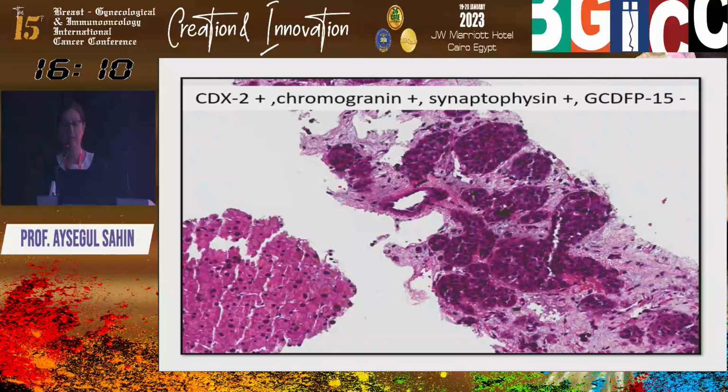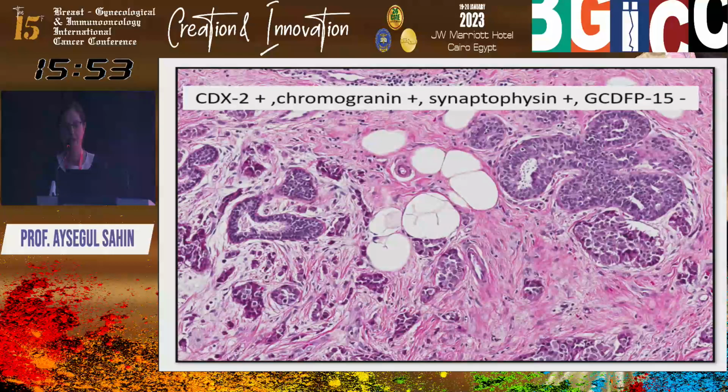And when you look at the lesion, it was CDX2 positive, chromogranin and synaptophysin positive, and based on her breast history, we performed gross cystic disease fluid protein 15 immunohistochemistry, and it was negative.